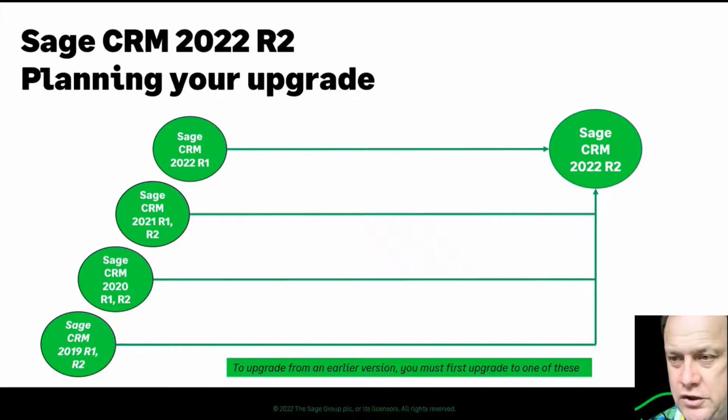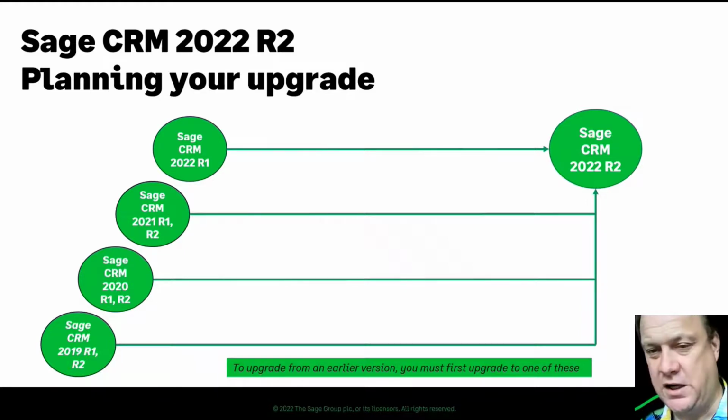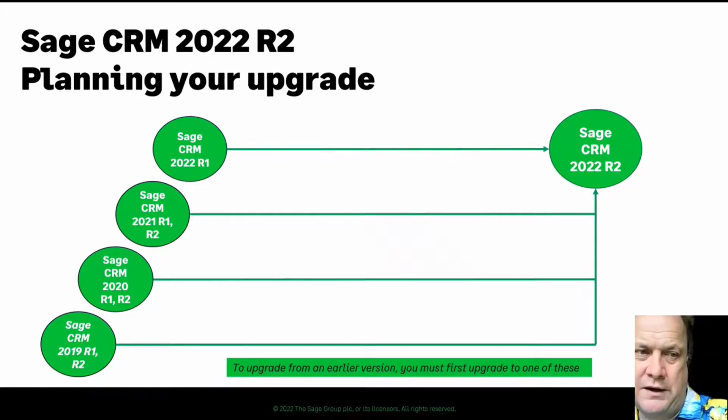If you're doing a long chain, if you're on a version earlier than that, then we have provided some additional guidance on long tail upgrades. And there are some videos now up on the YouTube channel. This is the training and support YouTube channel that I would refer you to as well if you are coming from a version earlier than 2019.